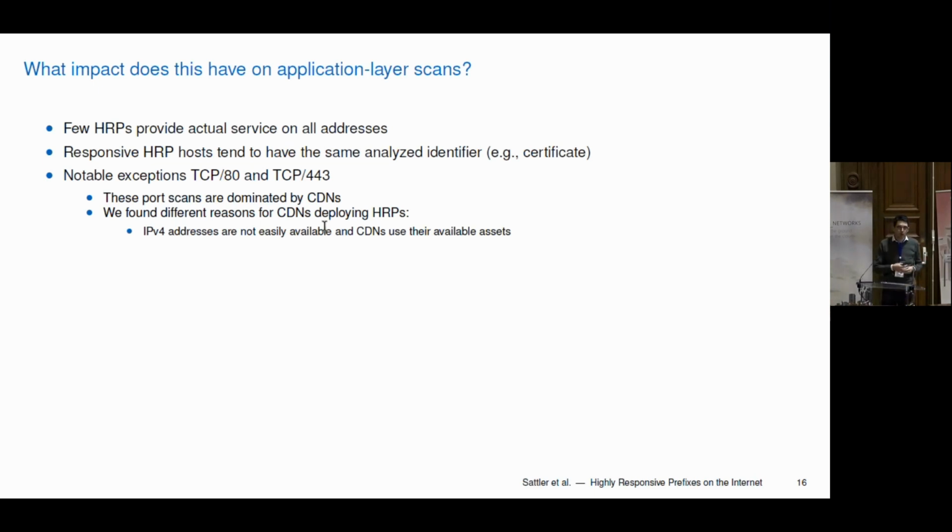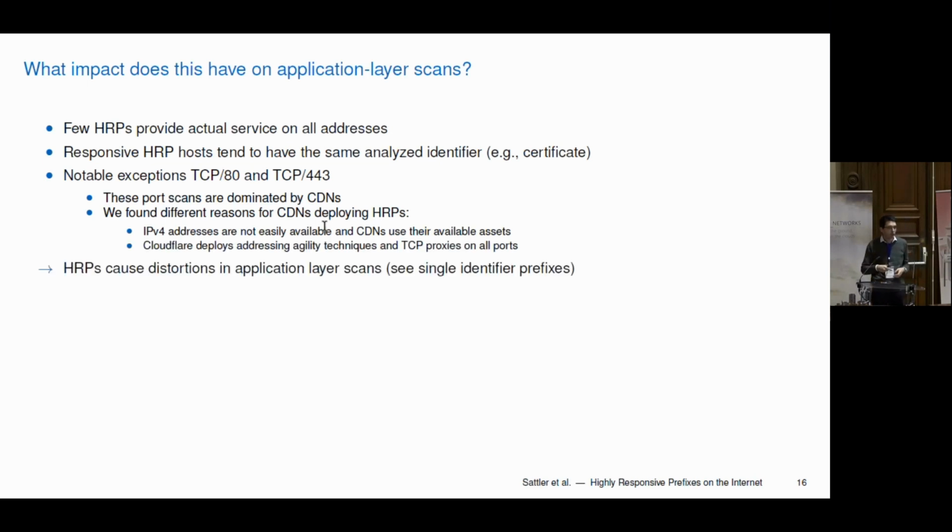As we all know before, address space is scarce, and they just use their assets. But also Cloudflare, for example, published several blog posts where they explain address agility techniques, which we could verify were used inside the HRPs, and TCP proxies on all ports, which also cause HRPs. So we see HRPs cause these distortions also in our application layer scans.